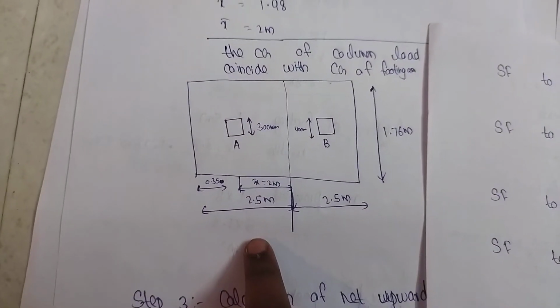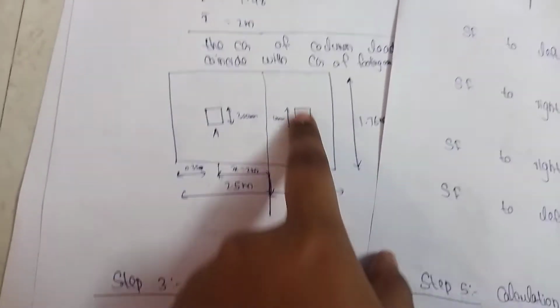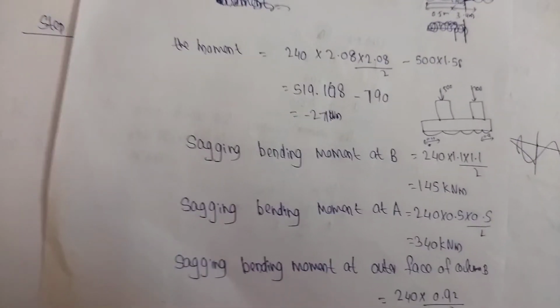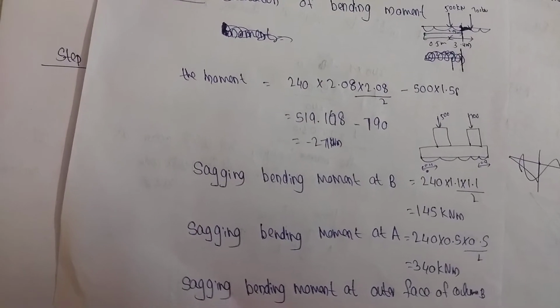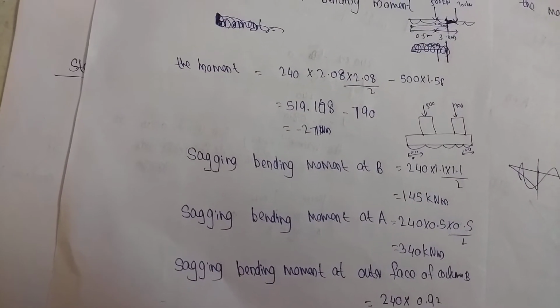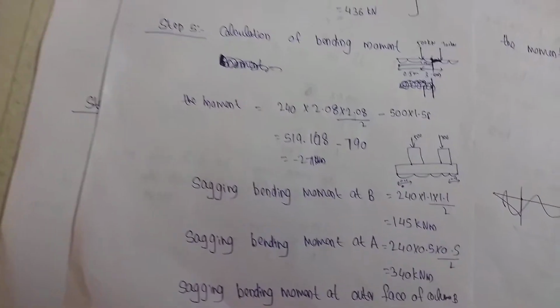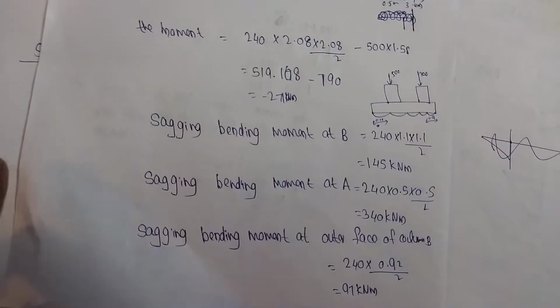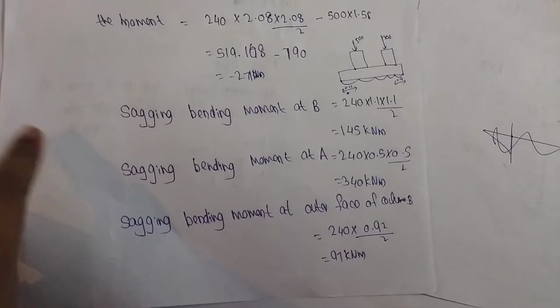From this figure we get 1.1, that is the center of B to the extreme point. Same way the sagging bending moment at A is 240 into 0.5 into 0.5 divided by 2, that is the center of this column to the extreme end.